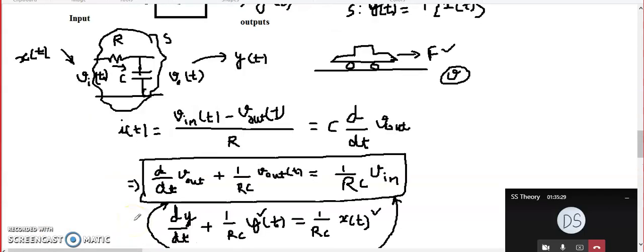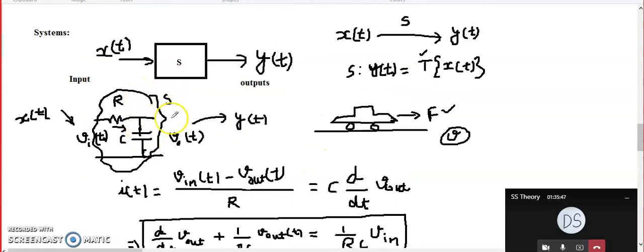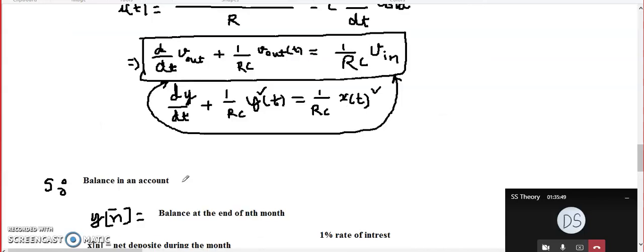So there can be two situations where the system can be represented in the continuous time domain, or it could be represented as a discrete time system. Okay, if it deals with discrete time signals it is a discrete time system, and if it deals with continuous time signals it is a continuous time system.